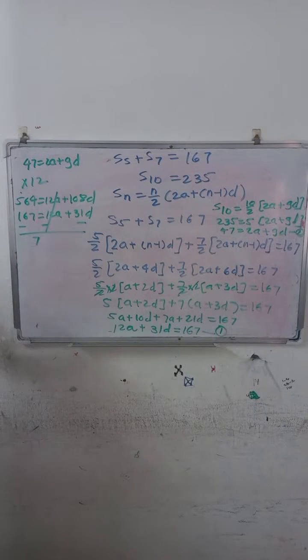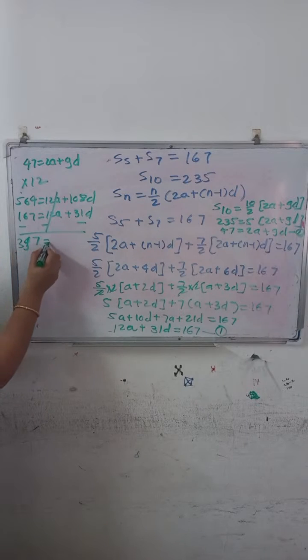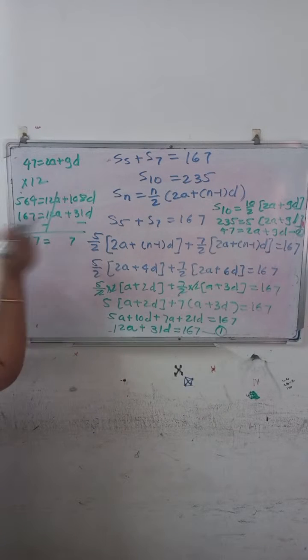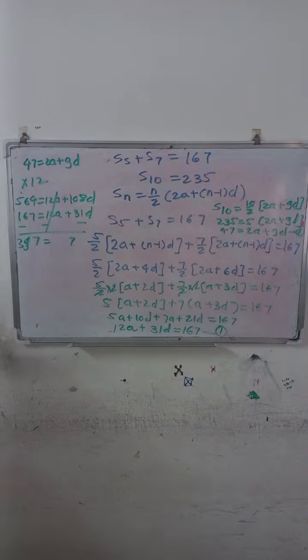So here 7, so 15 and a 6, that is 9. And here 3, no, 4. 4 minus 1 is nothing but 3. 397 is equal to 108 minus 31, that is 77d.